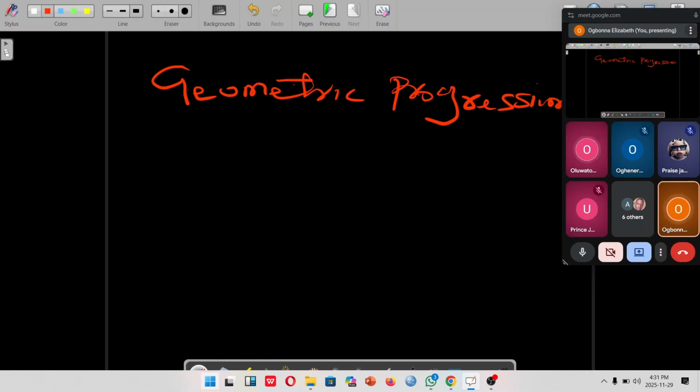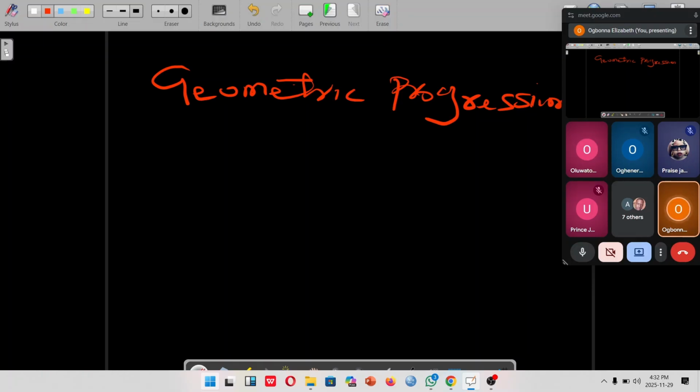So based on that, if you divide any of the sequence, and you discover that the result is a constant, and that constant is common, then we can boldly say that that sequence is a geometric progression, or geometric sequence, or we say it is exponential sequence.